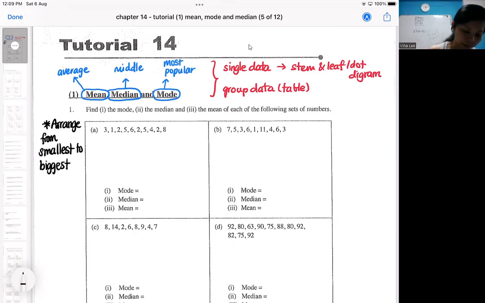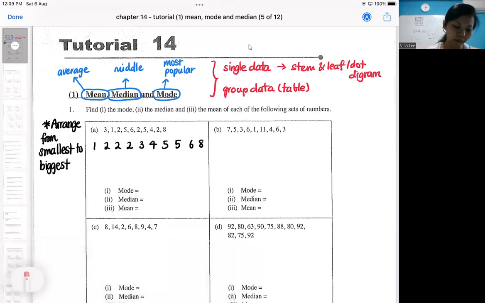For example, here you arrange them. When you're arranging, you also need to be careful. It's very easy to make mistakes during the arranging. As you arrange, you can strike them off so that you don't make mistakes.